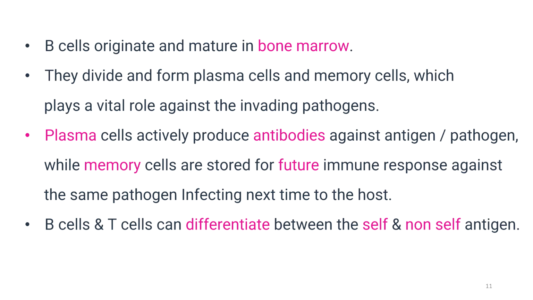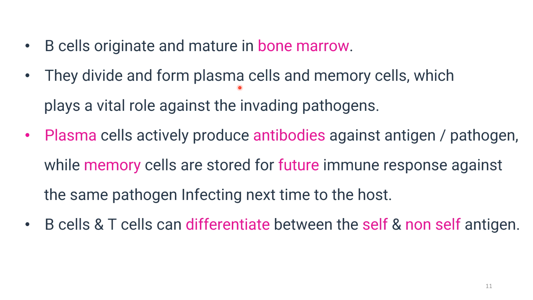Here you can see some extra points to be remembered. First of all, B cells originate and mature in bone marrow. Therefore, they are called B cells. Okay, so B for bone marrow. These B lymphocytes divide and form plasma cells and memory cells, which play a vital role against the invading pathogens.